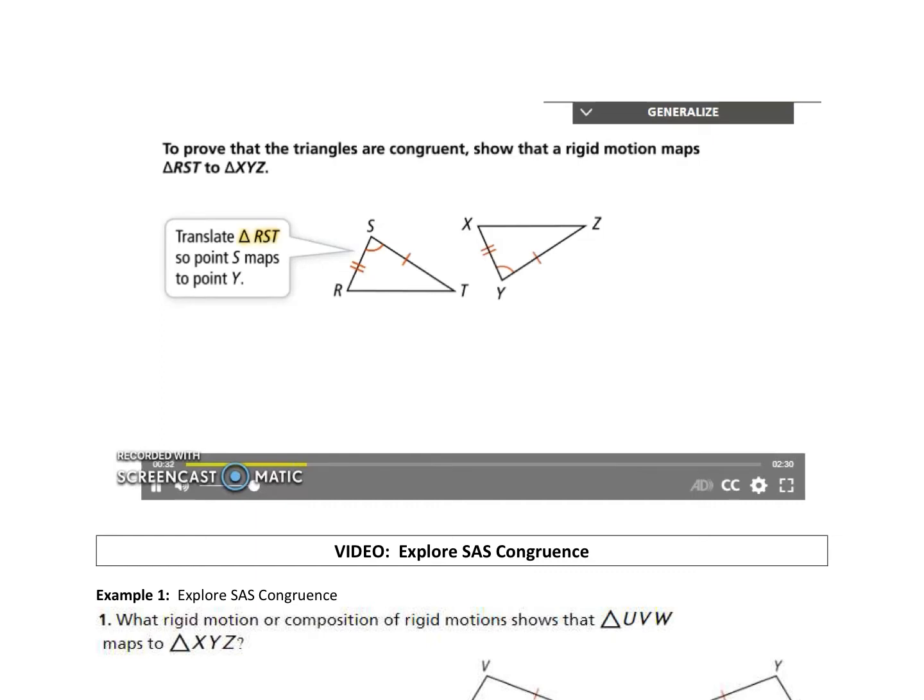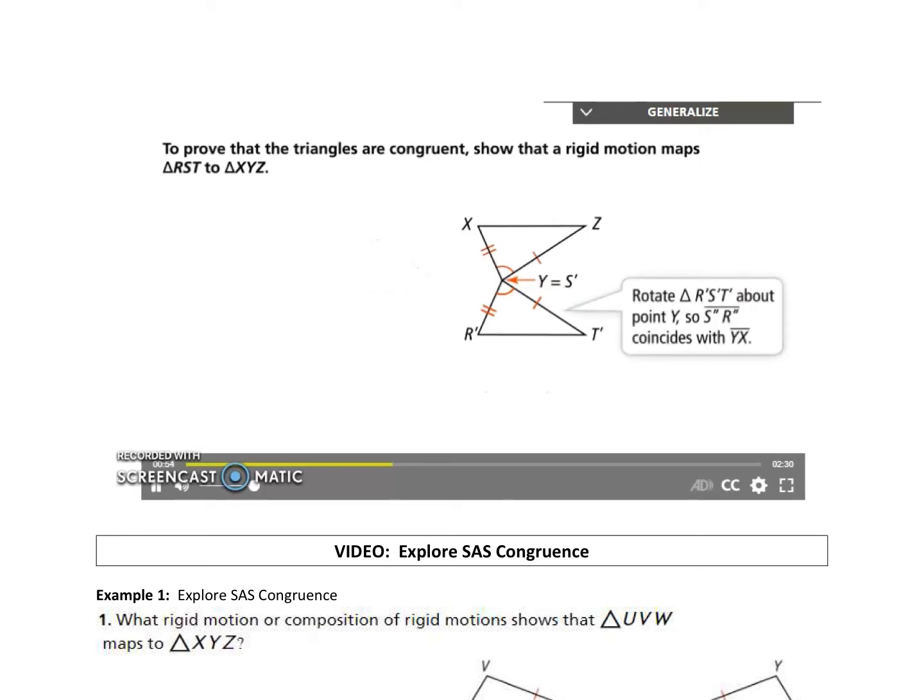Translate triangle RST so point S maps to point Y. To differentiate between triangles, we label the translation of triangle RST as triangle R', S', T'. Since the translation maps point S to point Y equals point S'.